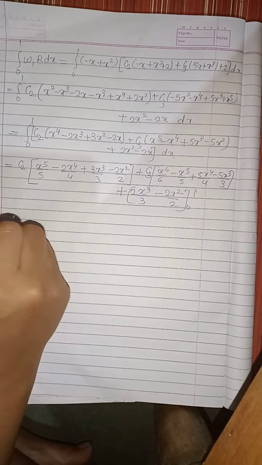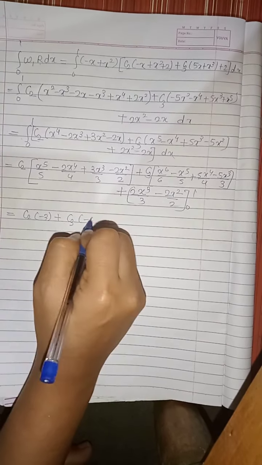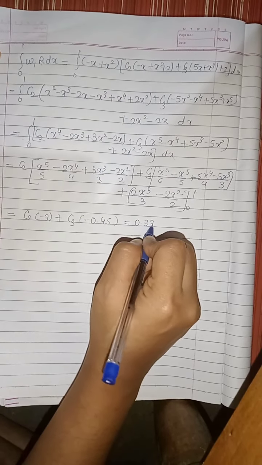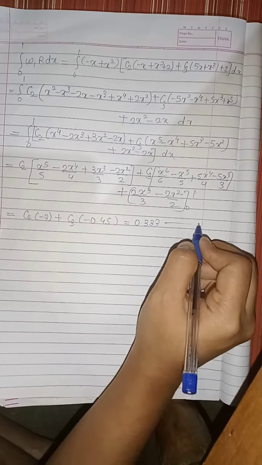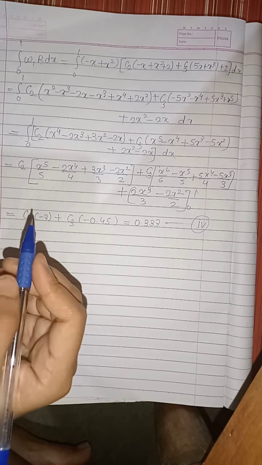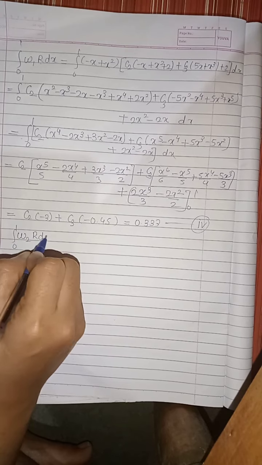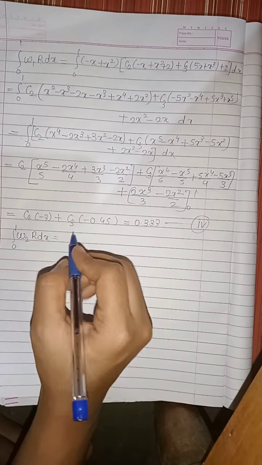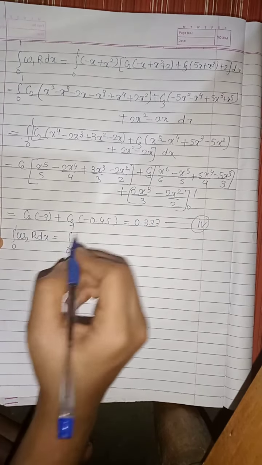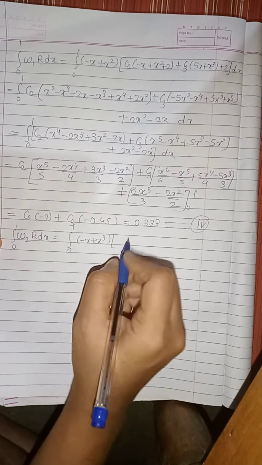After substituting the value, you'll get c2 into minus 3 plus c3 into minus 0.45, which is equal to 0.333. So this is one equation, equation 4. Now similarly you have to calculate the integral 0 to 1 w2 r dx. So to do this, integral 0 to 1 w2 is nothing but minus x plus x cube into r dx as it is.